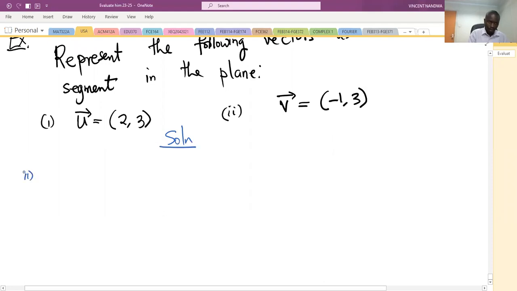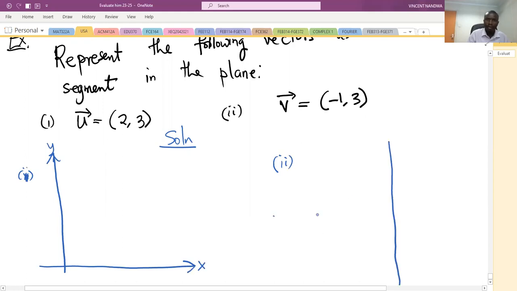So here Roman 1, then Roman 2. So this is my y-axis. This is my x-axis.